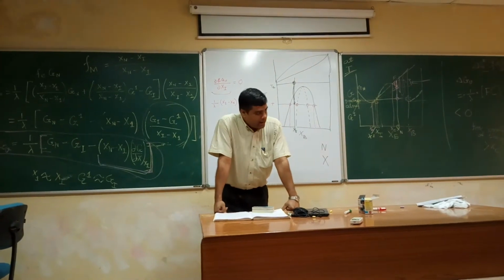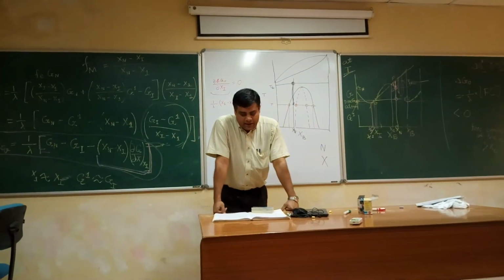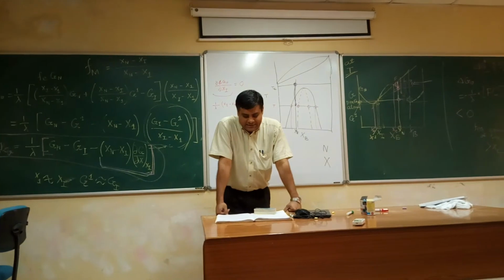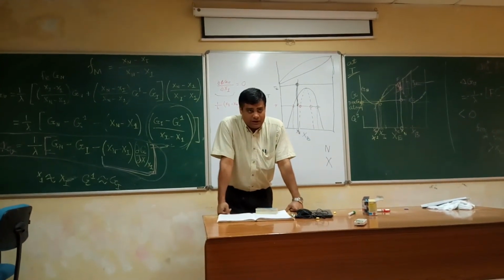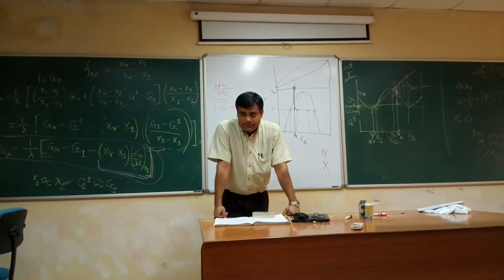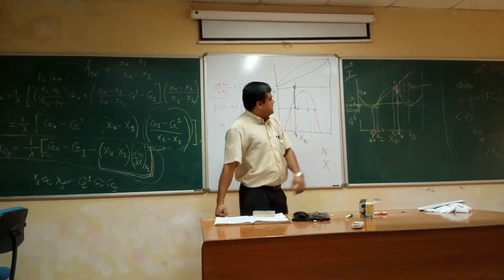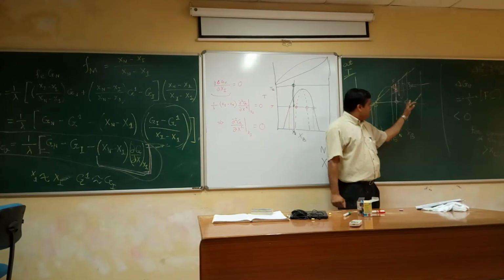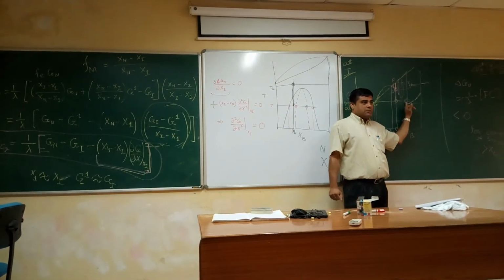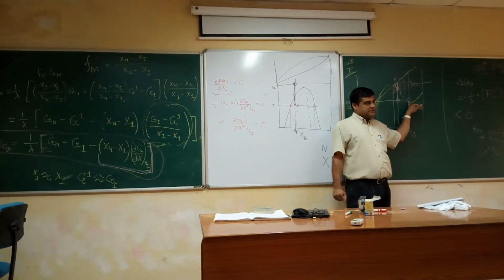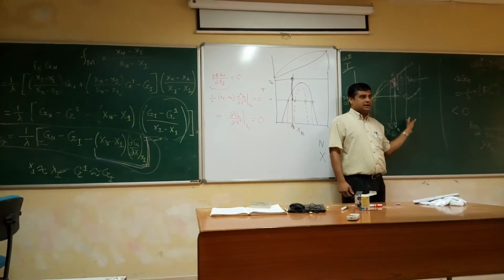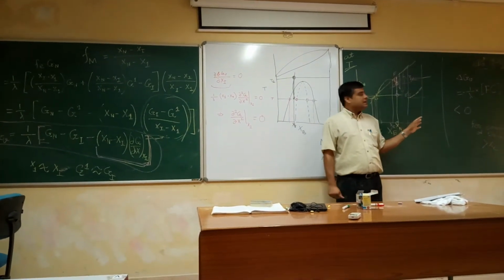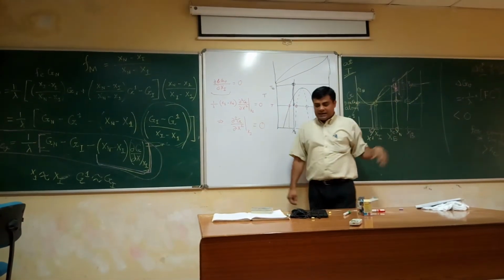So what Baker did is, after doing all this analysis, Baker assumed that the nucleus has the composition of X beta. The embryo composition is X beta, and then he applied classical nucleation theory.